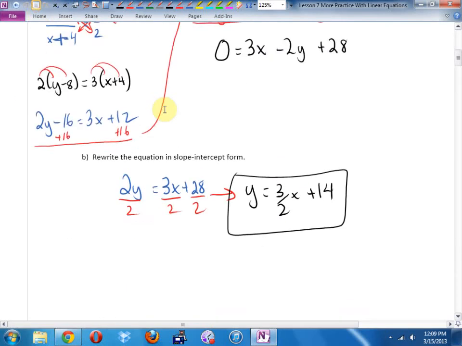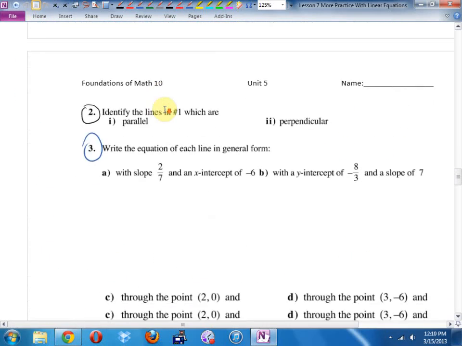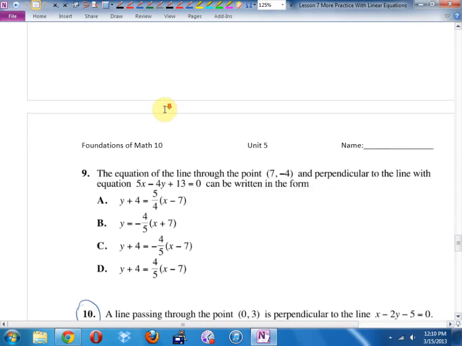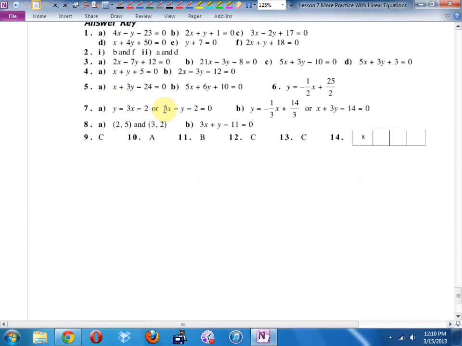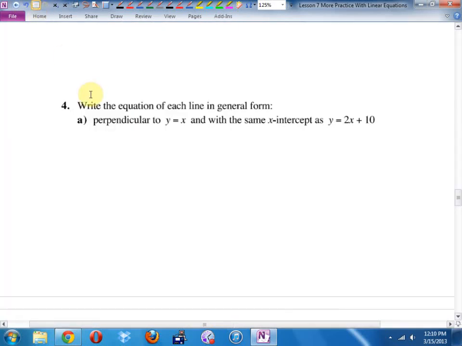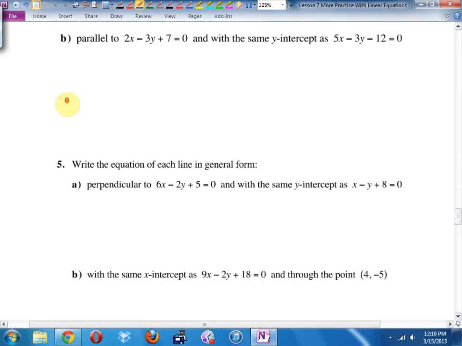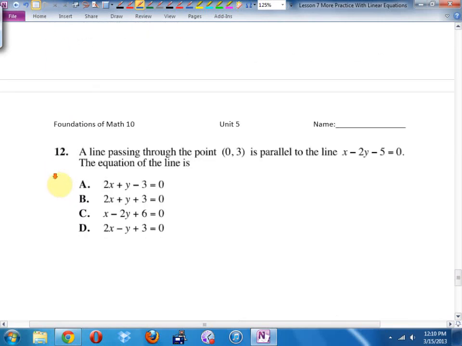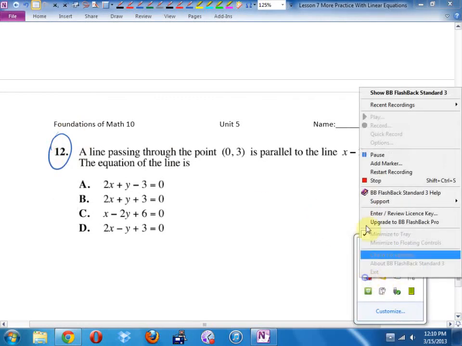So for my block C's, I assigned 1, 2, 3, skip B, 4, 5, 10, and 12. Let me go circle that on your guys. 4, 5, 10, and 12. And then I got a couple of more things to give you.